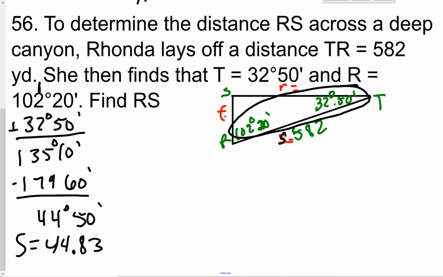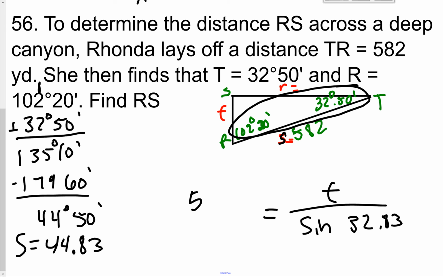Now I can go ahead and find little t because I have the opposite angle, big T. I'm trying to find little t, which is RS. I do have that angle, 32 degrees 50 minutes, and 50 divided by 60 is 0.83. I already have little s, 582, and now I have the angle, 44.83.